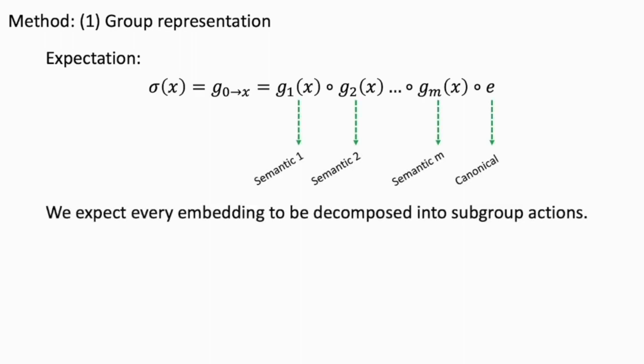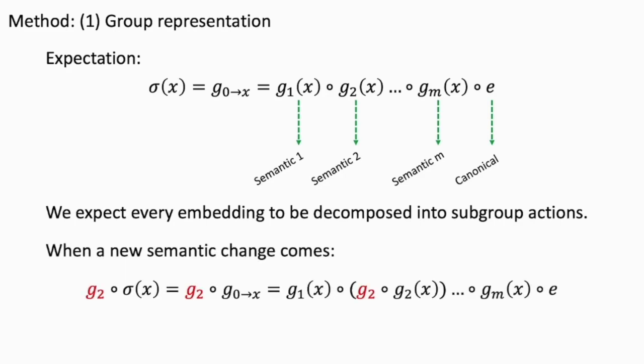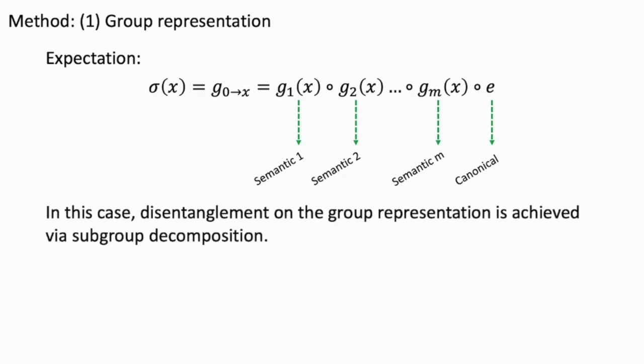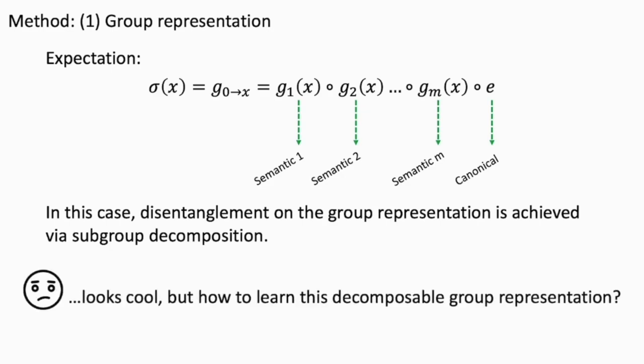When a new semantic change occurs, the new group action will be absorbed by the subgroup that represents this semantic meaning. In this case, the disentanglement on the group representation is actually achieved via this subgroup decomposition. Now, the next question is how to learn such a decomposable group representation in practice.